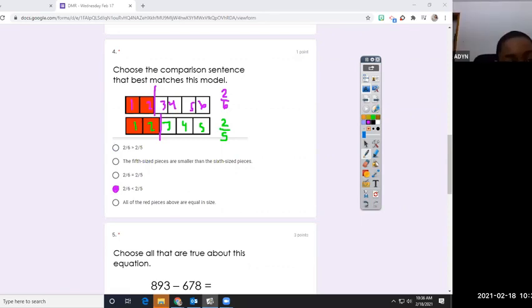So when I chose the one above that answer, I got confused because I thought we were still doing that part where it's the bigger one than the size. But when you did, I understand it because you put the side.